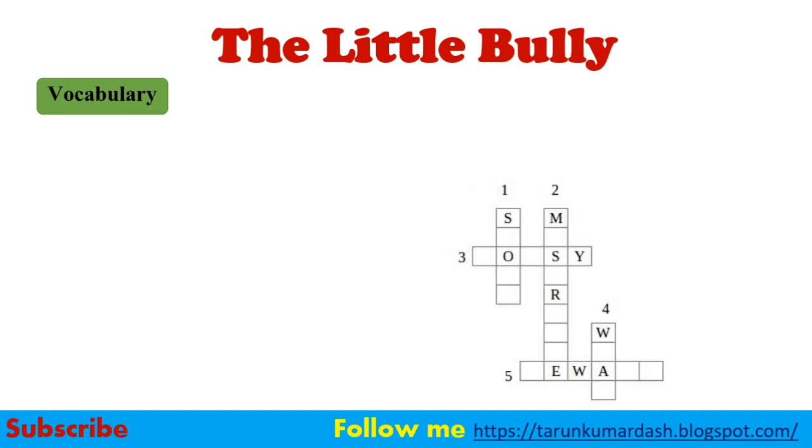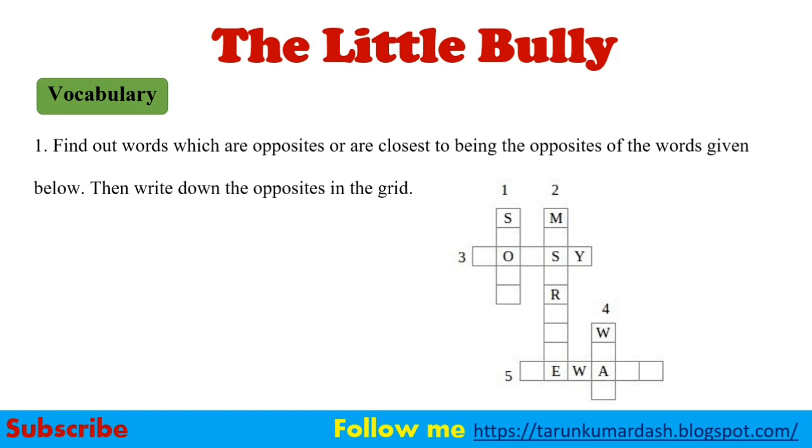Vocabulary. Here you can find a crossword puzzle. Friends, find words which are opposites or closest to being the opposites of the words given below. Then write down the opposites in the grid. Here you can find down and across. Down means top to bottom, across means left to right.